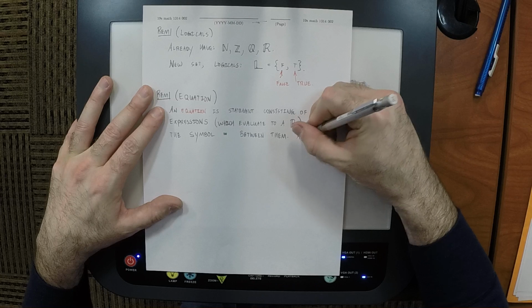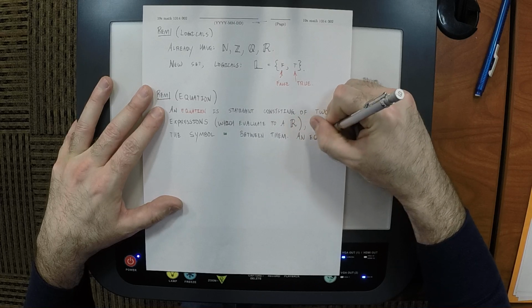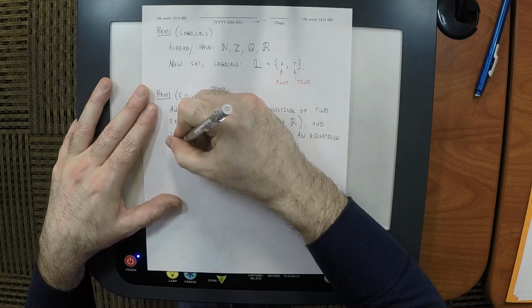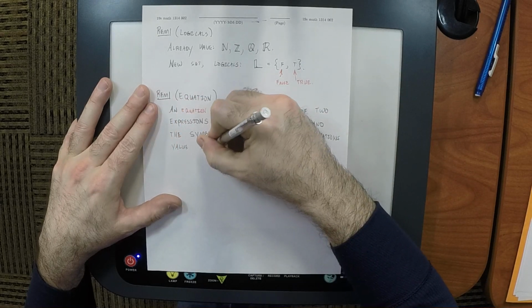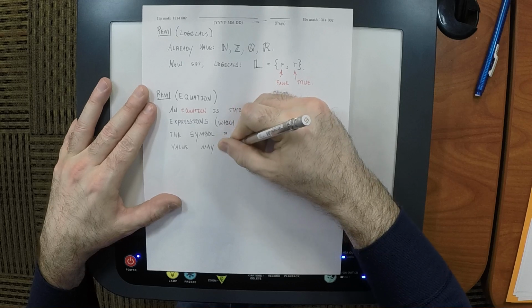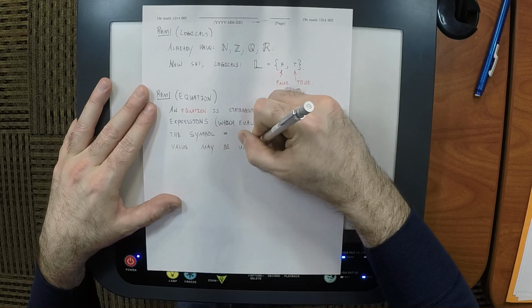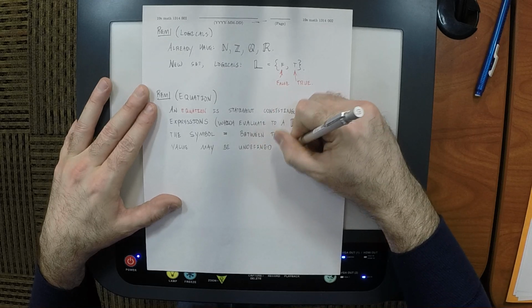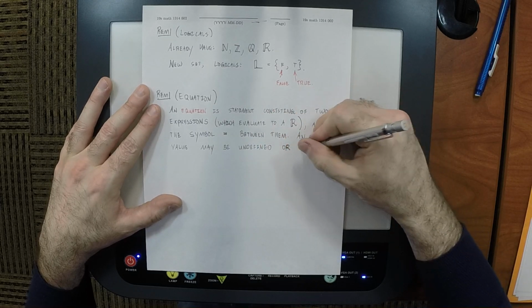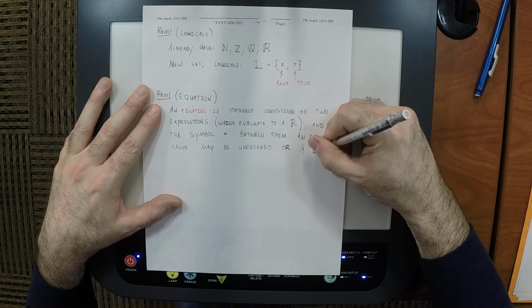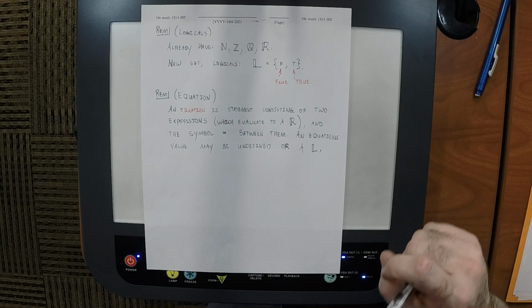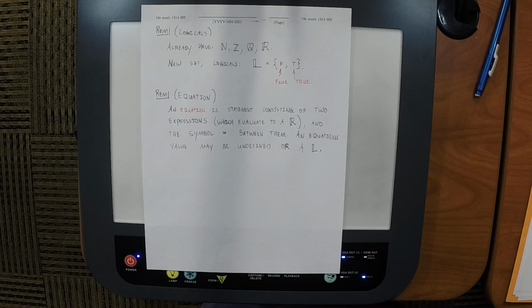And an equation's value may be undefined or illogical. Meaning that concerning an equation's value, there's three possibilities: it's either undefined, it is false, or it is true. Those are the only possibilities.